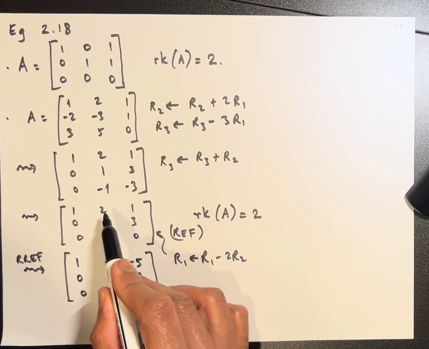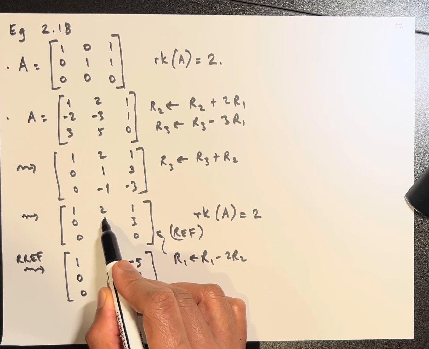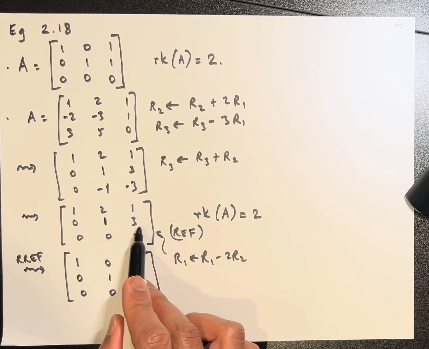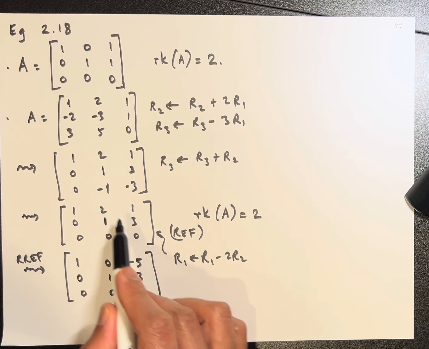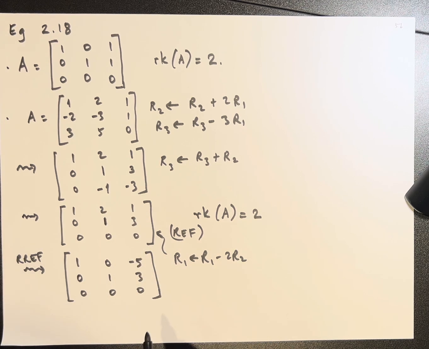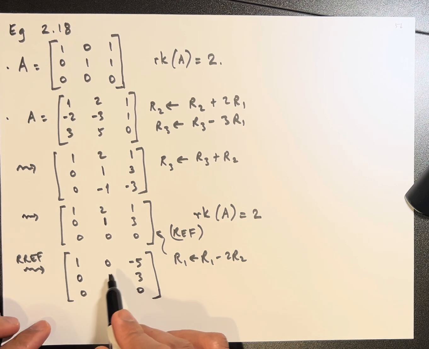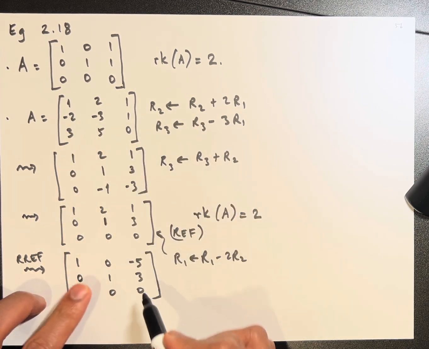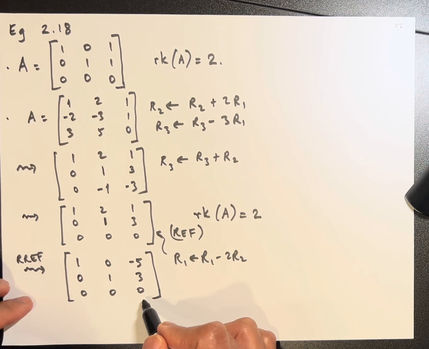So what we did here is we just basically wanted this guy to be 0, right? So we just multiplied this whole thing by 2, subtracted it. What this tells us is basically this is minus 5 times this plus 3 times this.